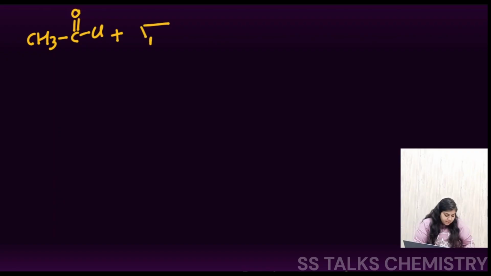Now we are going to see the reaction. Here we have the acyl system, C double bond O and the Cl, with this aziridine ring. Now the nitrogen containing the lone pair of electron density can attack this carbonyl center, which is electrophilic in nature. This electron density will be shifted upward.